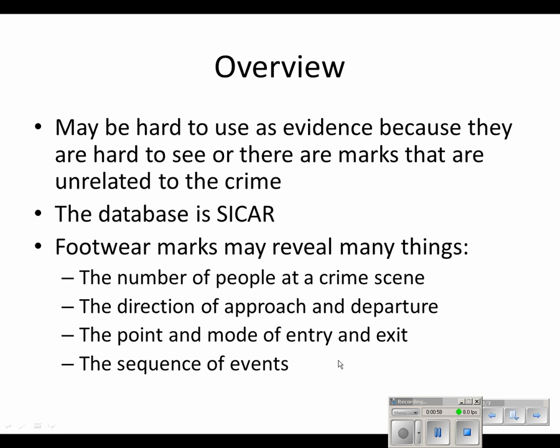It can help us with how many people were at a crime scene, the direction of approach and departure, and the point and mode of entry and exit of the crime scene. So point is where they entered and exited, and mode is how they actually came in. And then, of course, sequence of events. If there's a pattern somewhere, we might be able to figure out the trail, where it began, where it ended, according to that.